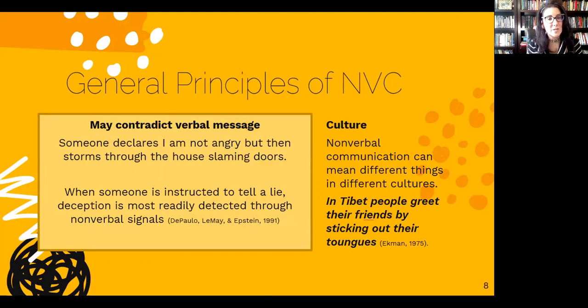Sometimes nonverbal communication can contradict the message that we're saying verbally. Someone declares they're not angry, but then slams the door through the house. One thing I see a lot of times in therapy is somebody says, oh, it's just miserable, but they're smiling. So that's a contradiction, and we would want to look at that.